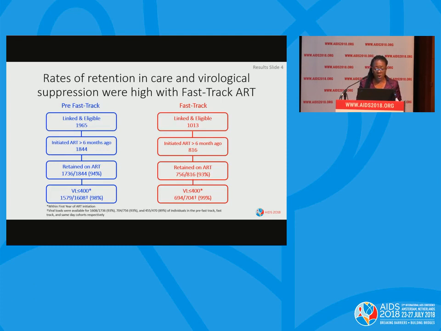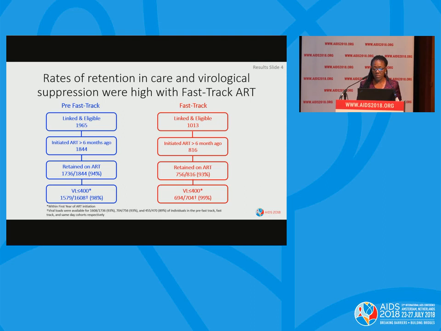Just to assess the outcome of those who were initiated during the fast track, we assessed the retention in care and viral suppression. And this was restricted to those who were initiated for more than 6 months. 1,844 were initiated for 6 months and more during the pre-fast track, 94% were retained in care, and 98% were virologically suppressed.